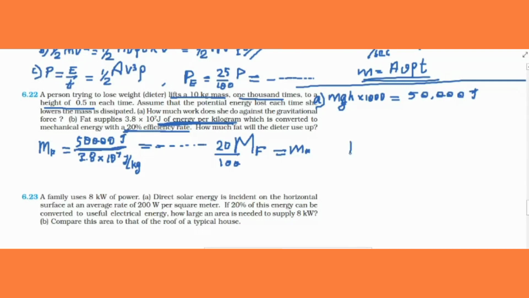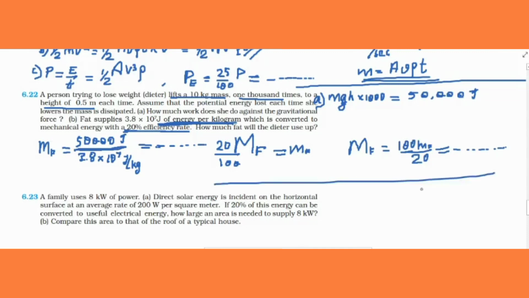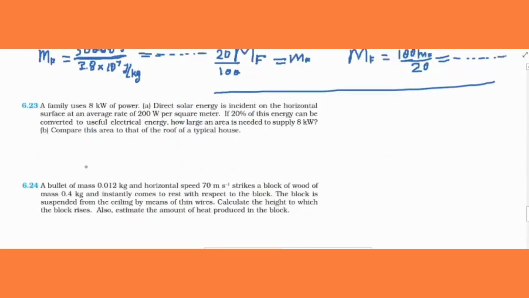Therefore, what is the actual mass of fat lost? MF is equal to 100 MF divided by 20 will give you the final answer. So that's about question 22.